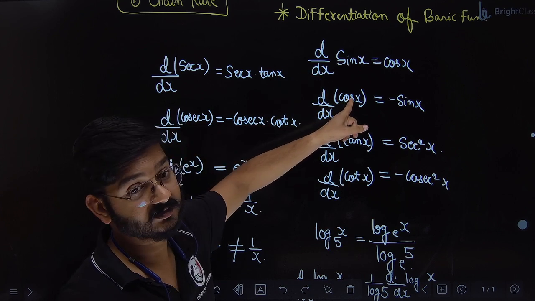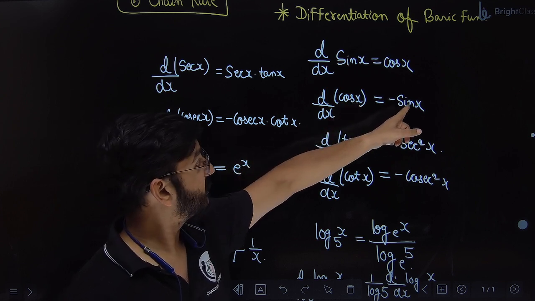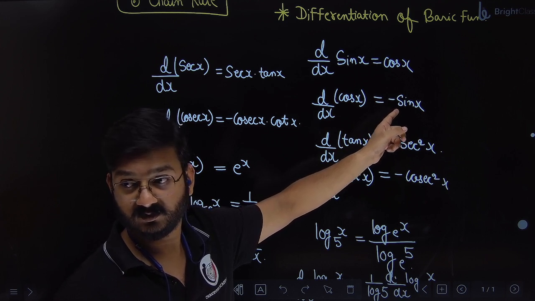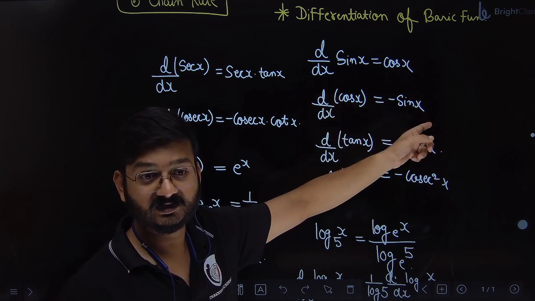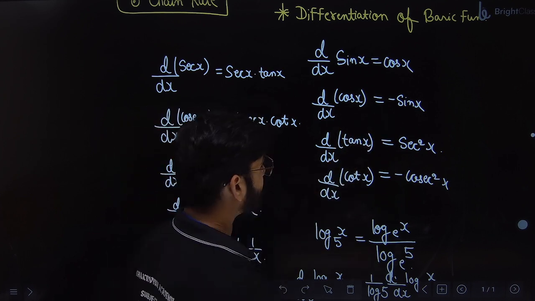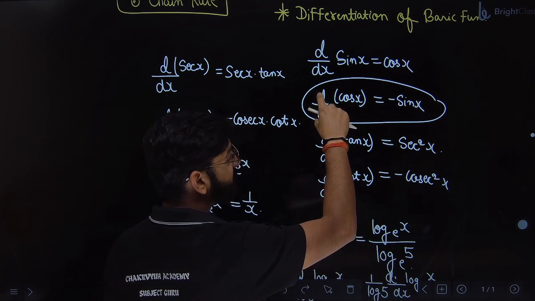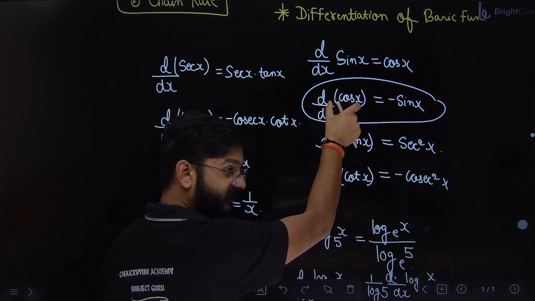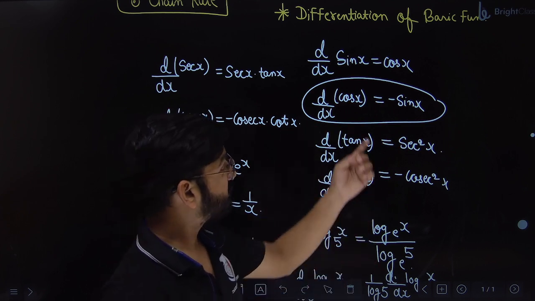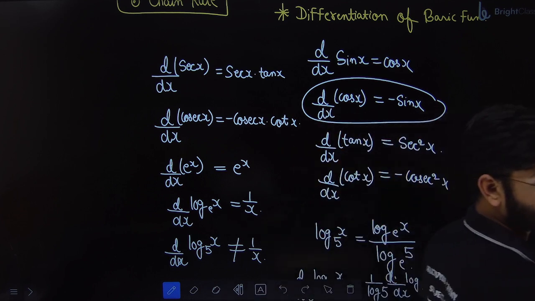What will be left? Cos x. And integration here. So integration of sin x will be what? Move minus to this side. The integration of sin x will be minus cos x. Just integrate both the sides. So here differentiation and integration cancel, cos x will be there, and here it will be integration of minus sin x. Shift minus here, integration of sin x is minus cos x.